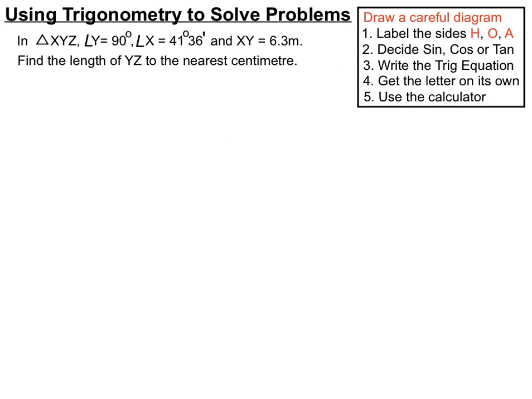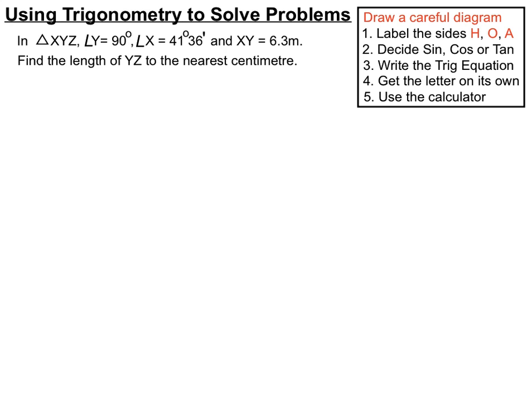Here's our first example. We're asked to draw a diagram from just some written information about a triangle. If we have a look at each part of this information one at a time, it says here that we have triangle XYZ, so they're going to be our letters in each corner of the triangle. The question asks us to use an angle of Y, which is our 90-degree angle.